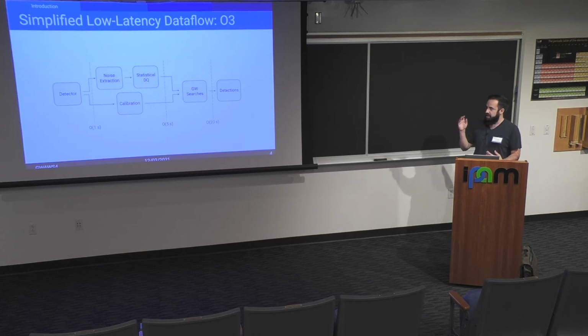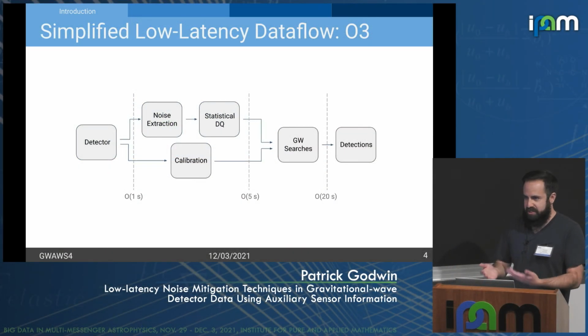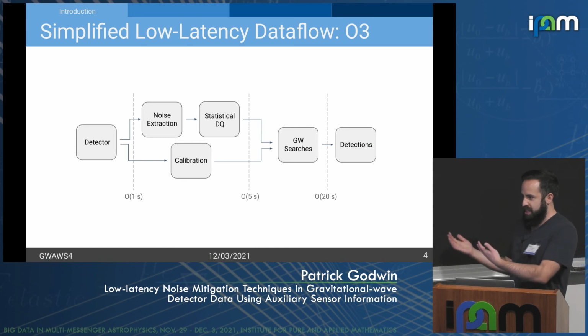But there's this calibration pipeline that effectively does a lot of work to reduce the calibration uncertainty, does things like apply time-dependent correction factors, things like doing linear noise subtraction, removing some of the calibration lines so that the gravitational wave searches have this strain data that is very sensitive to use for the searches. And then finally, the searches process the strain data, and we can get detections out.